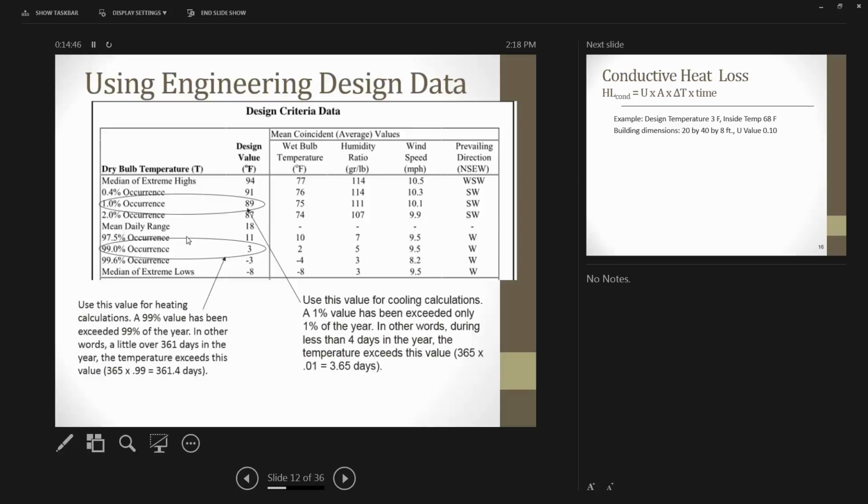So if you design to the 97.5% occurrence, you may have a system that 12 to 14 days of the year may not be able to effectively and efficiently keep you at 68 degrees. Does that make sense? You guys understand where those numbers come from? Okay.